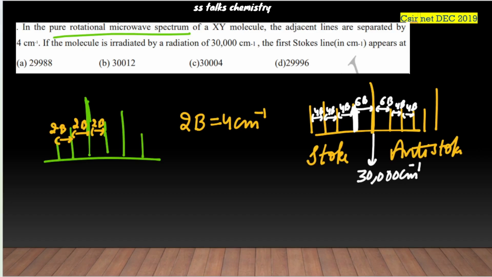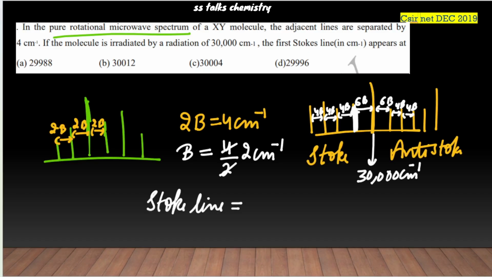From the pure rotational spectrum, the B value we found is 4 by 2, which is equal to 2 centimeter inverse. So using the pure rotation, you are finding the B value. Now the Stokes line is going to be the incident wavenumber minus 6B. Had it been the anti-Stokes, then you would add this value.